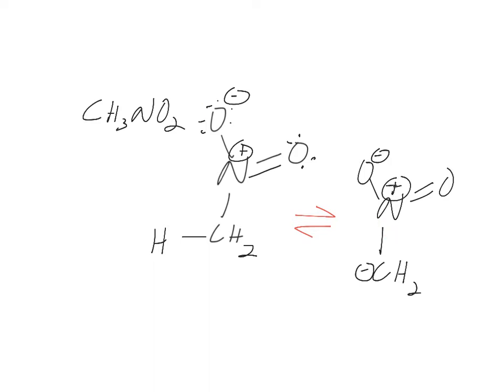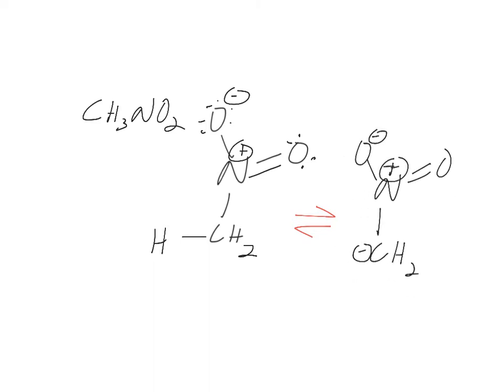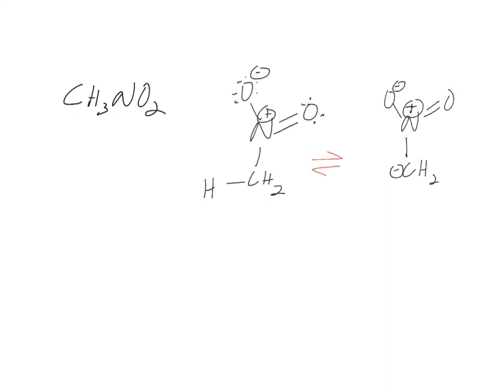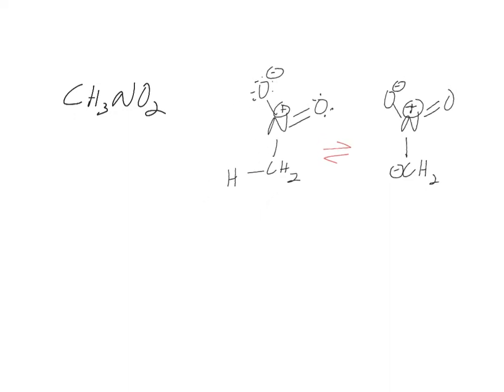So what if we actually answer the question? That's this acting as an acid, and that's its conjugate base. And it could happen because this has resonance stabilization. Another thing we could do, though, it says, what would this molecule's conjugate acid look like?